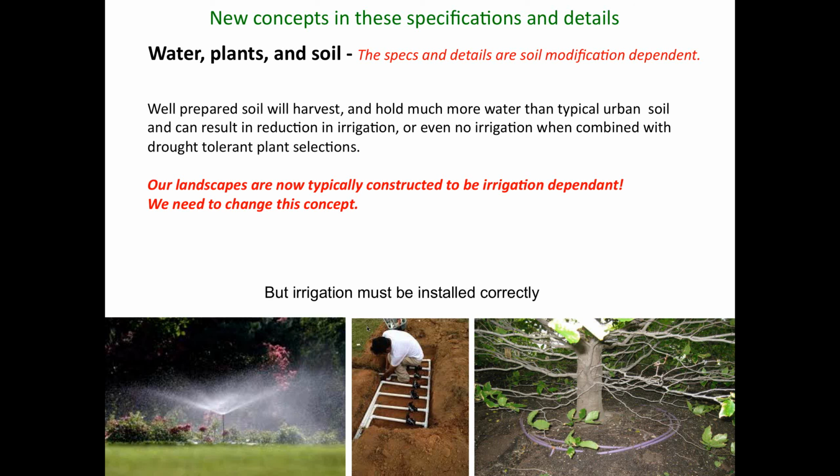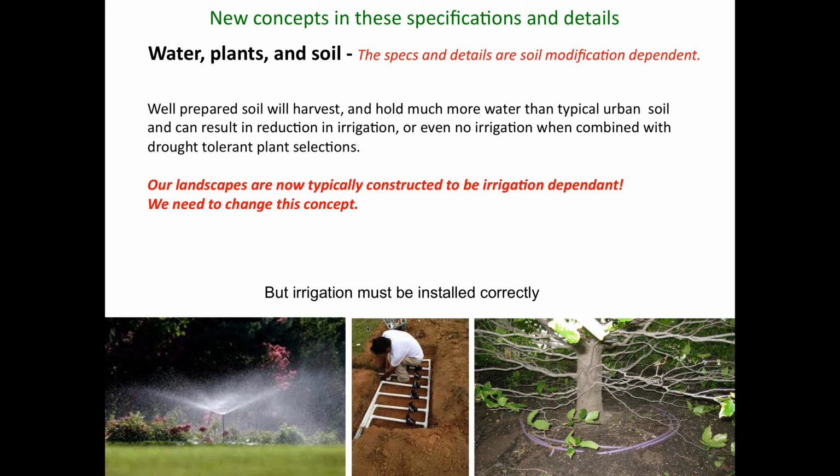Right. So a critical aspect of this whole effort is the interrelationship of water, plants, and soils. And we know that if we prepare the soil well, we'll harvest and hold a lot more water than with typical urban soils.